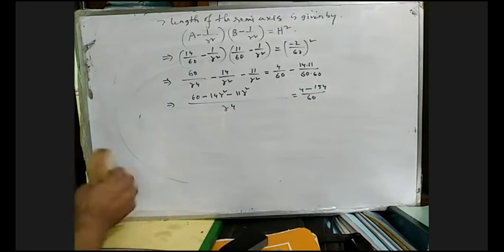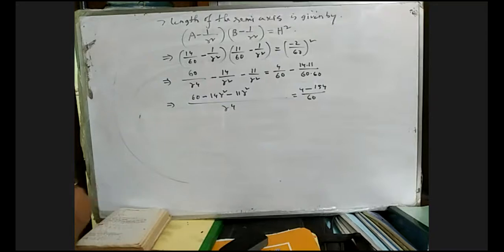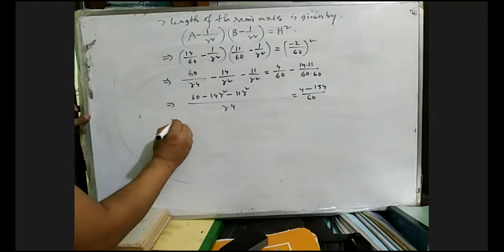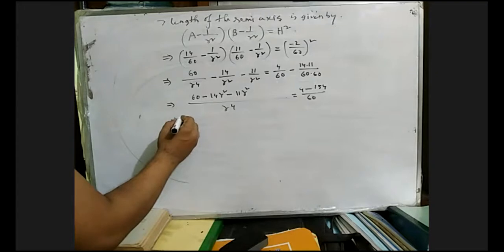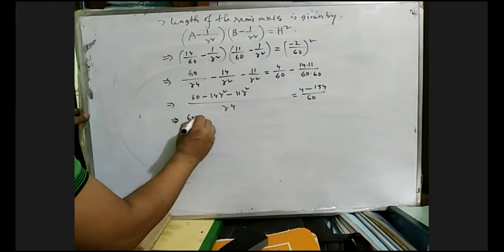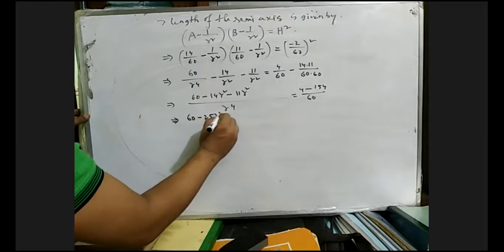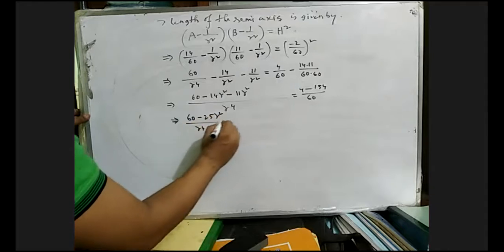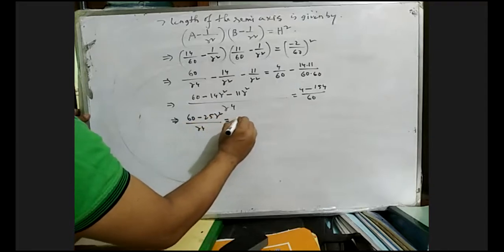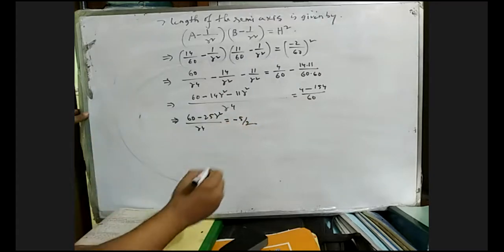So just solving this for r, 60 minus 14, and this will be 25 r square divided by r to the power 4 equals minus 5 by 2.